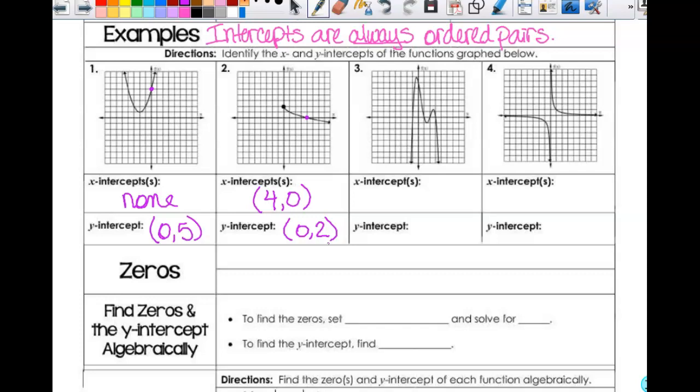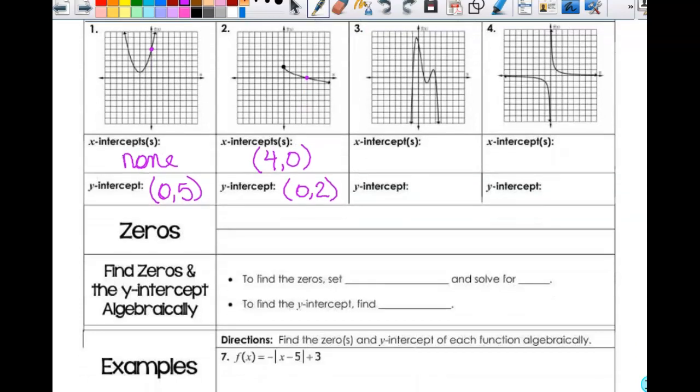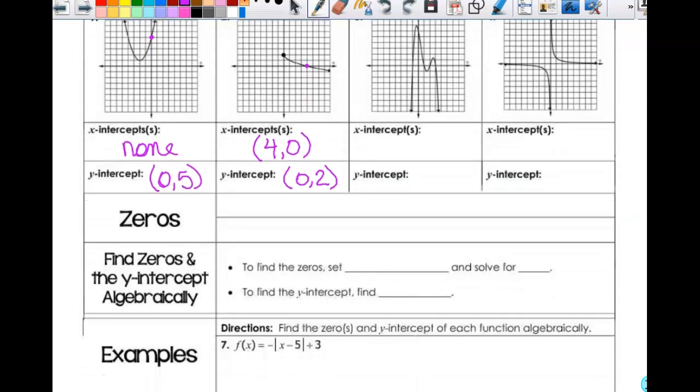All right, so look at number 3. How many X-intercepts do I have? 1, 2, 3, 4. Okay, so if I have more than 1, I usually mark them on there so I don't miss one. I have 4 of them. Those are the points I need to name. So this is X-intercepts. I have 1 at -1, 0.